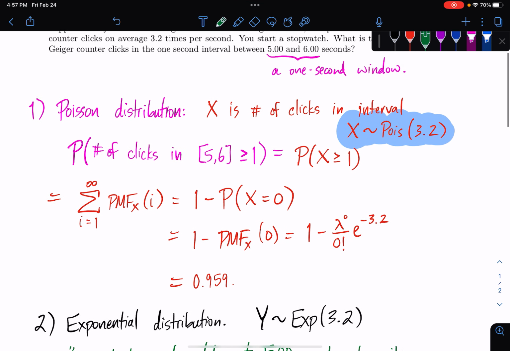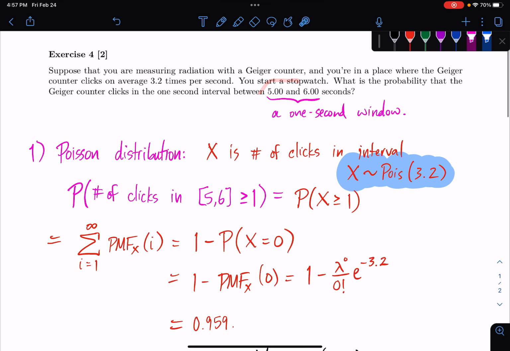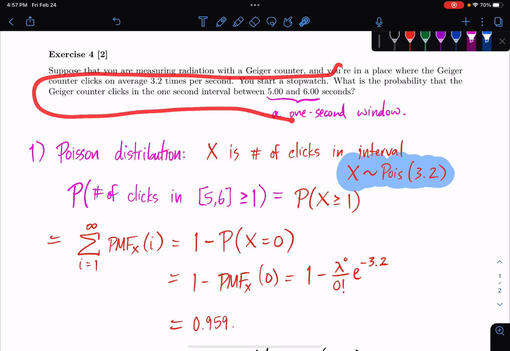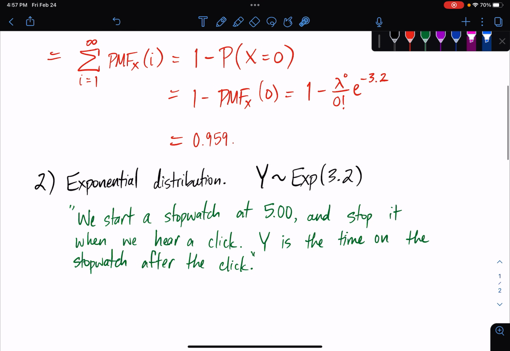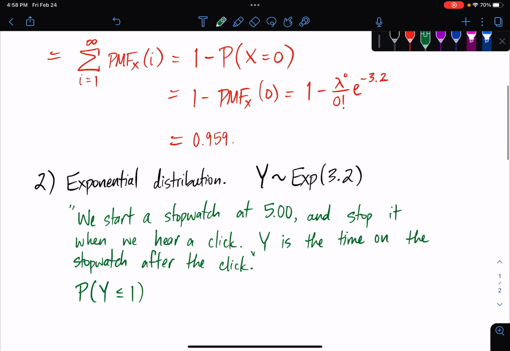So the probability that the Geiger counter clicks in this 1 second interval is equal to the probability that Y is less than or equal to 1. Because if we stop our stopwatch in less than a second after 5, then we've clicked between 5 and 6. So this is the duality argument.